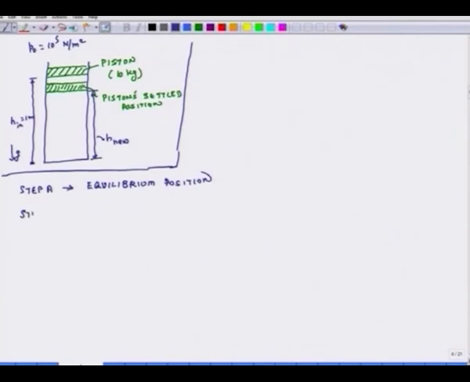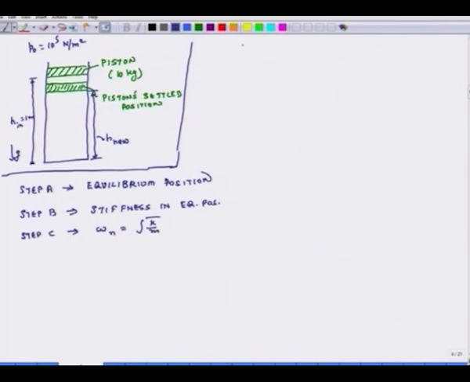Step B, for this equilibrium position, we are going to find the stiffness exerted by air. And then step C, we are going to find omega, the natural frequency, which equals square root of k over m, and this is how we are going to find it.